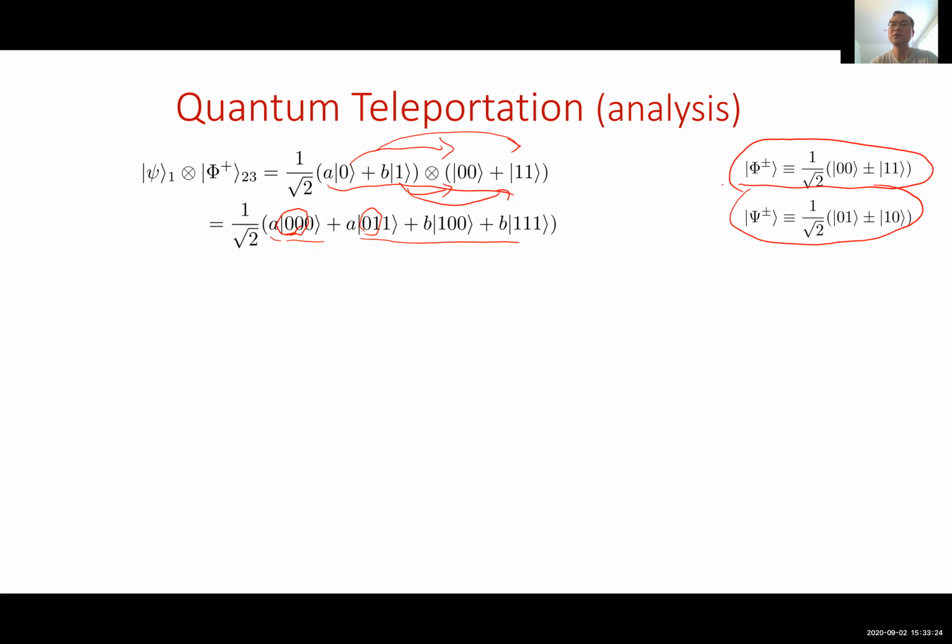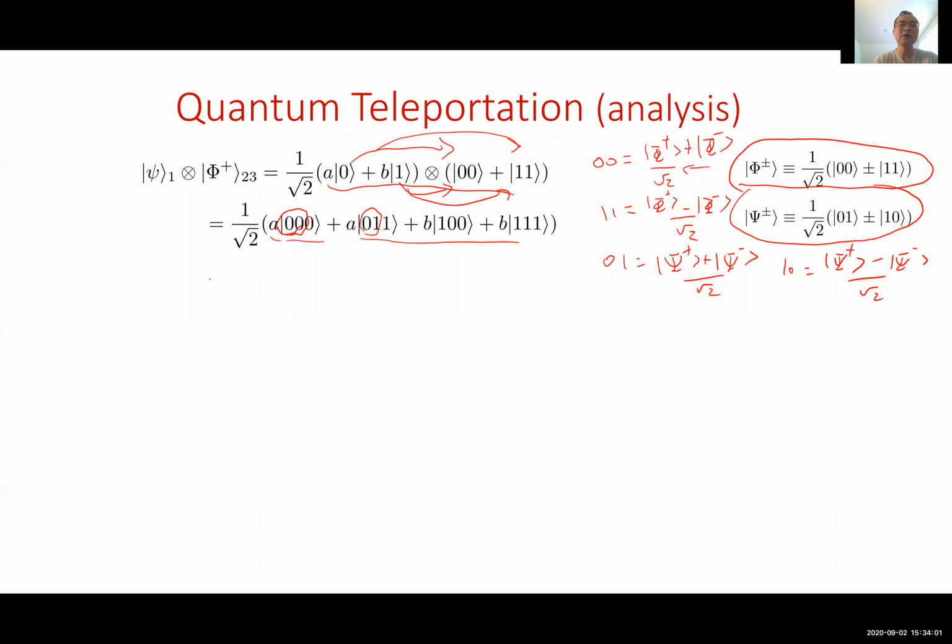In fact, what you can see is 0, 0 is phi plus plus phi minus up to a coefficient. And 1, 1 will be with a minus. And 0, 1 is psi plus plus psi minus. 1, 0 is psi plus minus psi minus.